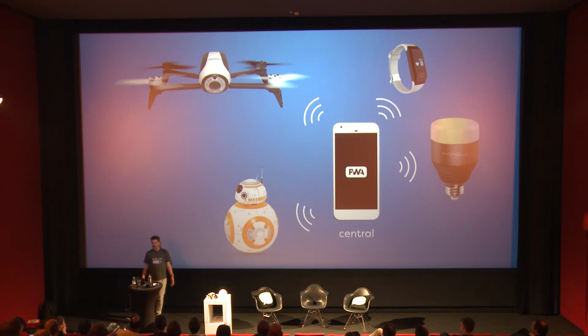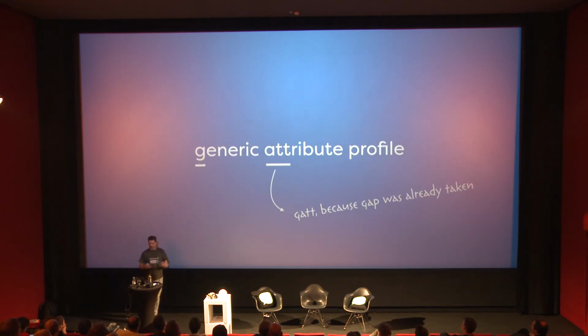This is just basic network topology for Bluetooth. But on top of that, there is a profile, a way of sending data, and it's called Generic Attribute Profile. And of course, the proper abbreviation is GATT and not GAP, which would be logical, but GAP was already taken.